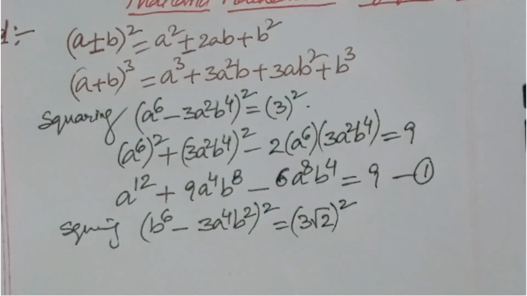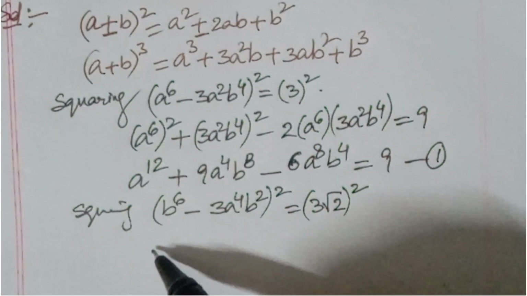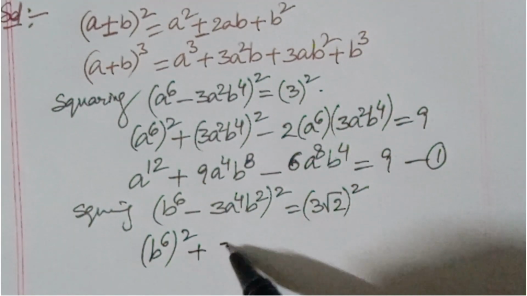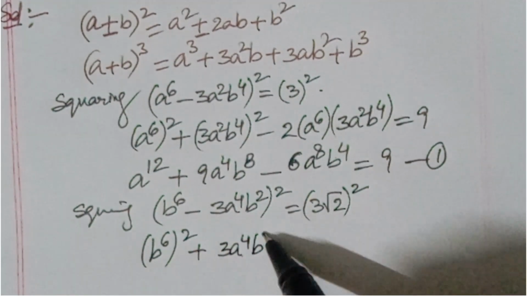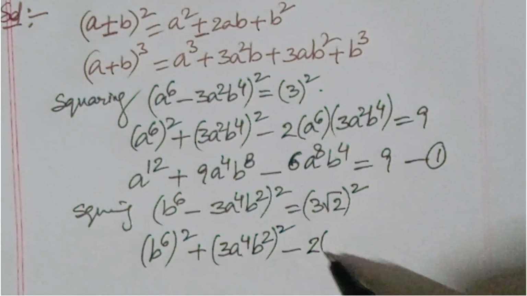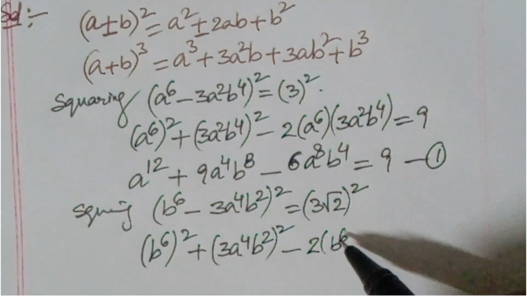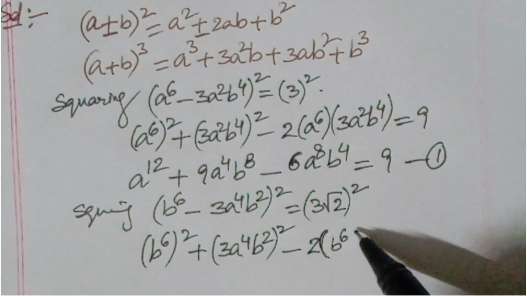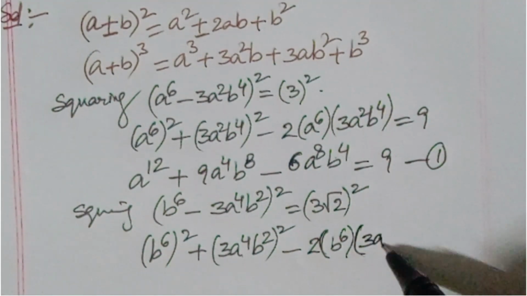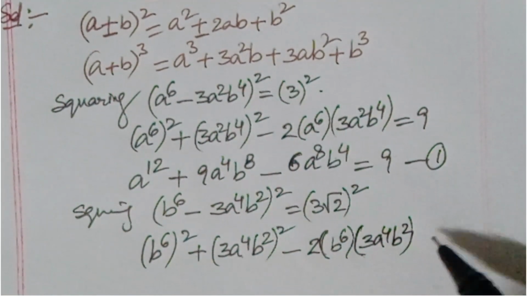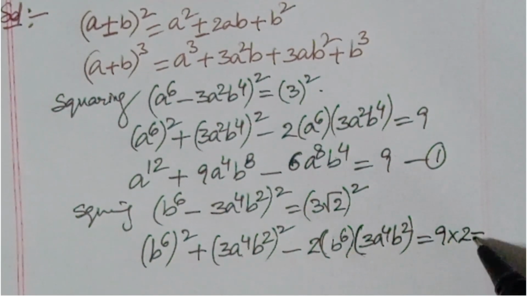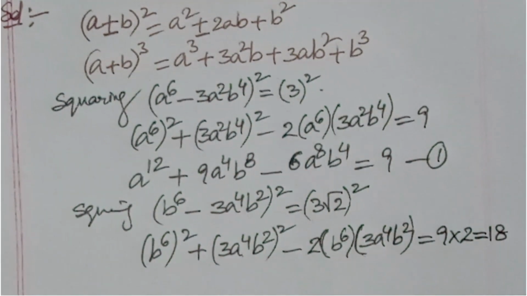So here also you'll get b power 6 whole square plus 3a power 4 b square whole square minus 2 into b power 6 into 3a to the power of 4 b square is equal to 9 into 2, you will get 18.